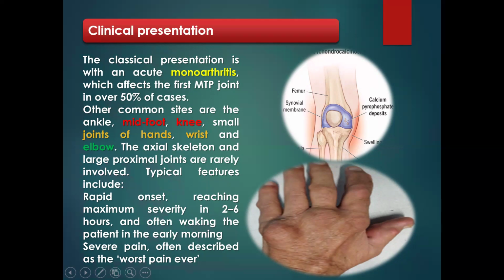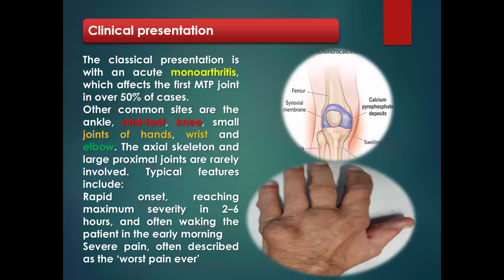The classical presentation of this condition is an acute monoarthritis. That's how you can clinically diagnose pseudogout or gout. It only affects one joint at a time.